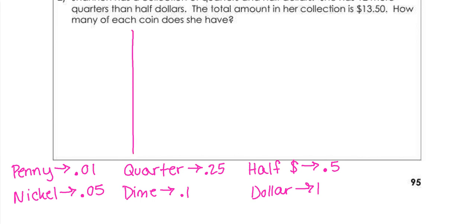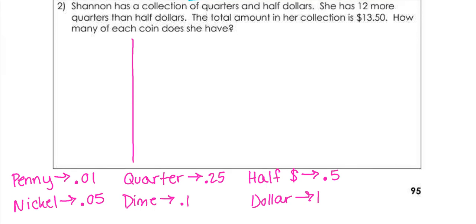So up here in our notes, this information down below is going to help us. I'm going to scroll up so we can see the problem. Right away when we read this problem, hopefully we saw quarters and half dollars as the two things we're comparing. So I'm going to put X is my quarters. And underneath that, that's 25 cents.